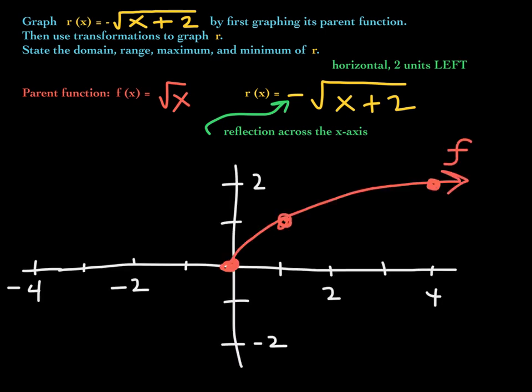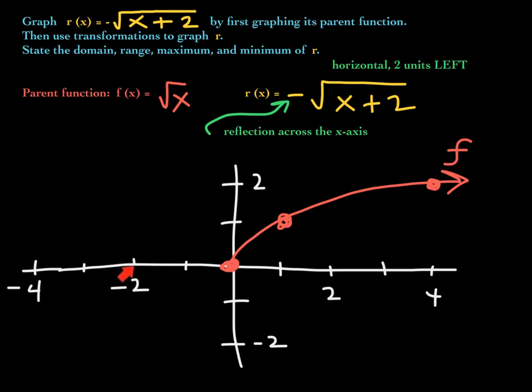All right, folks, I have this parent function back on our plane. I have the graph here, the same graph that you and I plotted earlier in this lesson. I've labeled it F as well to be really clear. Now, what I'm going to do to this curve is move it 2 units to the left, and then I'll reflect it across the x-axis. Let's go at this point first. 2 units to the left drops me off here.